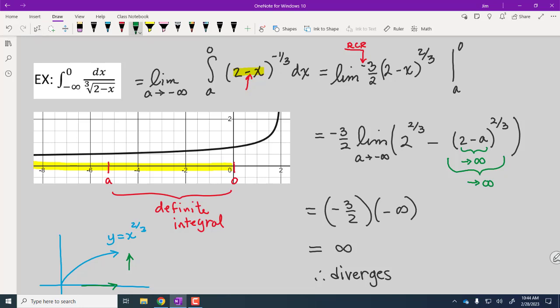And this part here, that's just a constant. So don't get tangled up by that. That's just a constant. And a constant minus infinity, 5 minus infinity, that's negative infinity. So constant minus infinity is negative infinity. Negative times negative is positive. Okay.